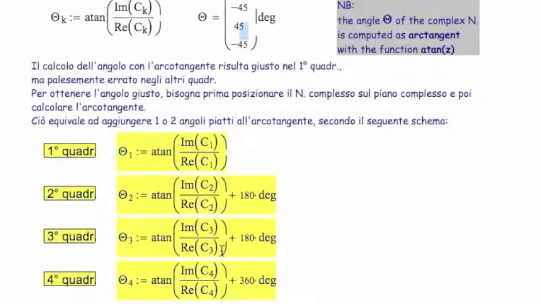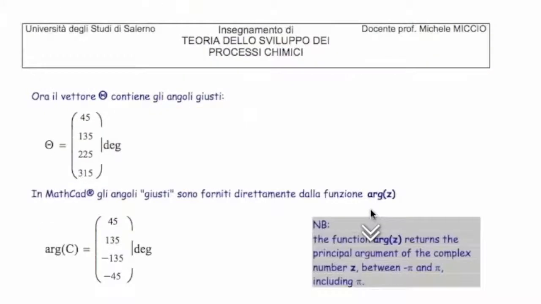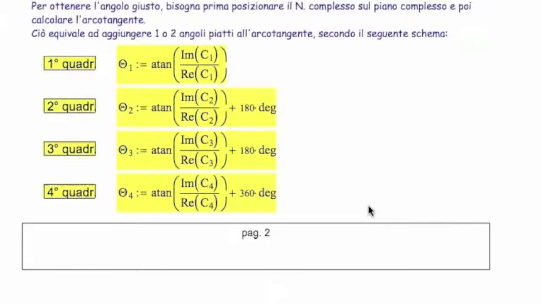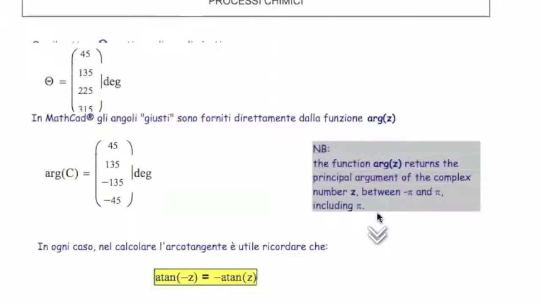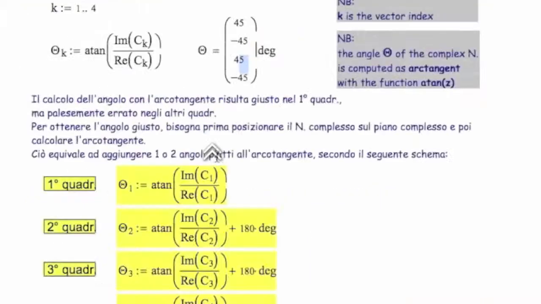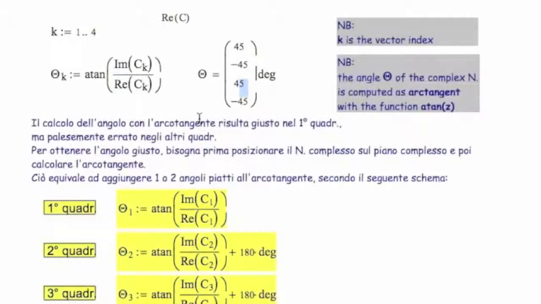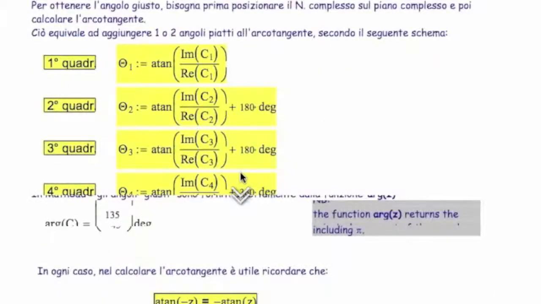But now we are more lucky because both scientific calculators as well as scientific software, here MathCAD has been used, provide other functions which are different from arctangent and can give you the correct angle. In the case of MathCAD, which is used here, and you will not use it, the function is arg.